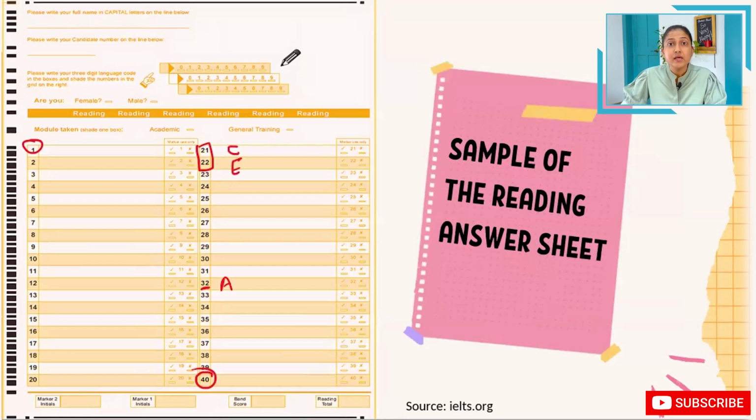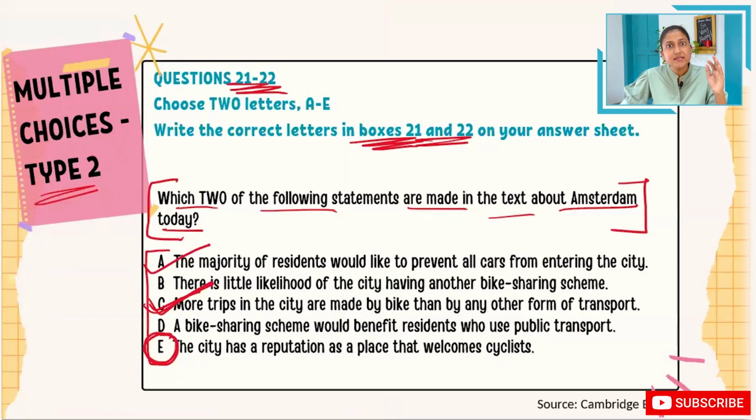Correct? In this case, you will get only 1 mark. You will not get 2 marks. And it also doesn't mean that you will not get any mark. You could find one correct answer, so you will definitely get 1 mark. Understood? Great. So this is the second type of multiple choice questions.